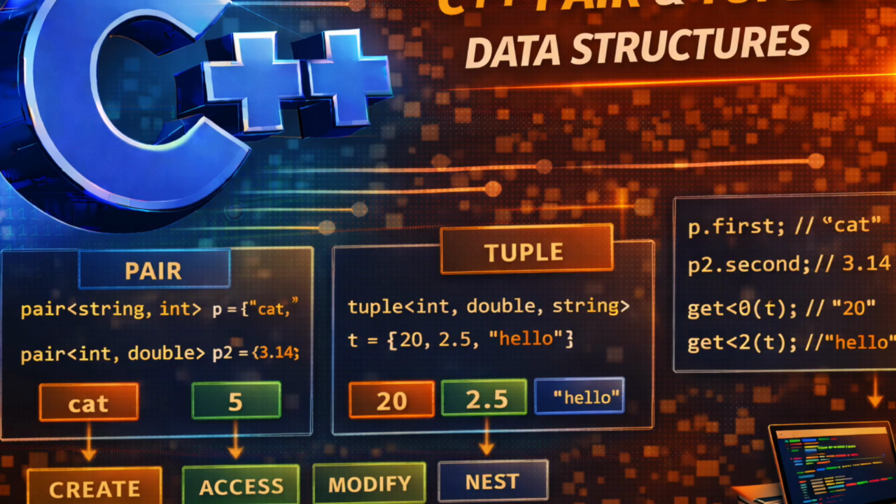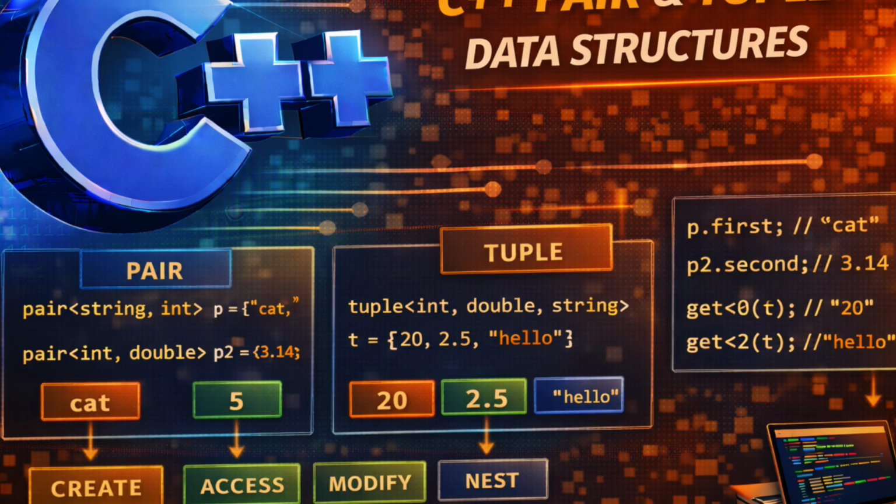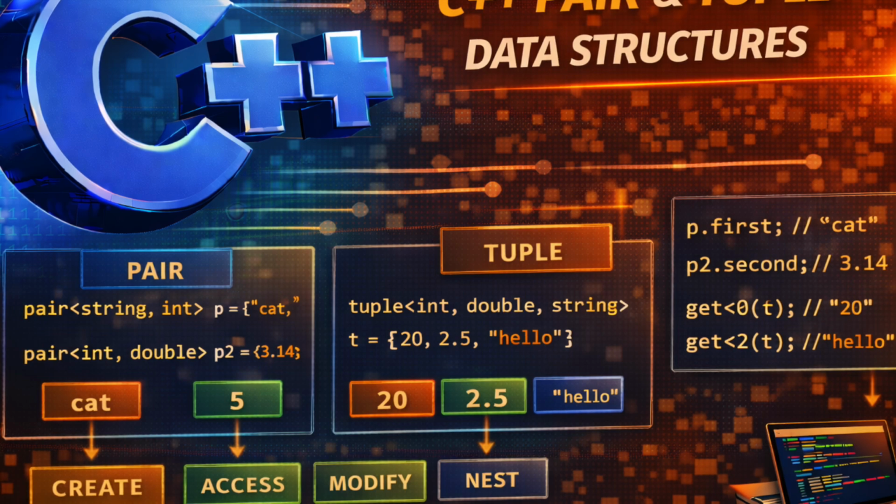What's fascinating here is the conceptual relationship this simple structure has with the generalist container we're about to discuss, the tuple. While the pair is incredibly useful on its own, our sources confirm that technically, a pair is just a special case of a tuple. The simplest possible version. It's a tuple that is constrained to exactly two elements.